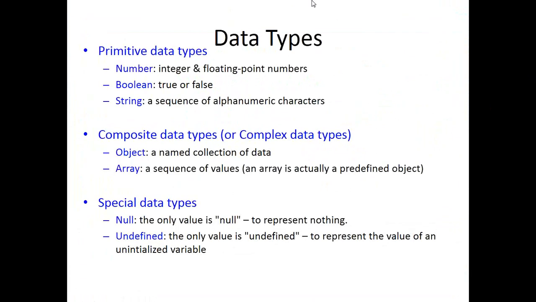Let's see data types in JavaScript. There are different data types available: number, boolean, string, object, array, null.